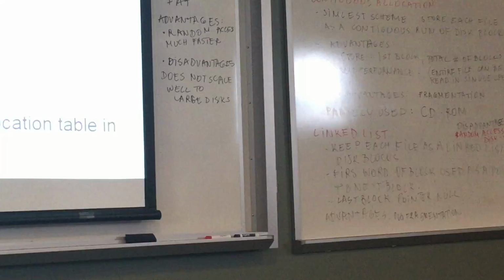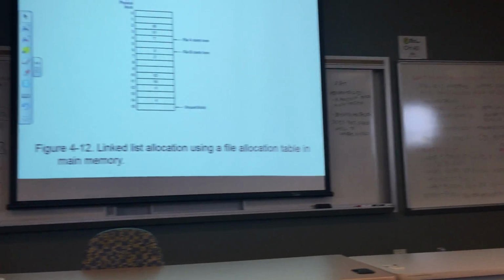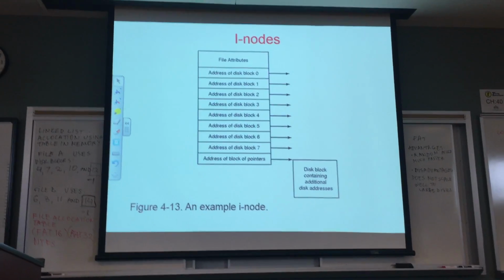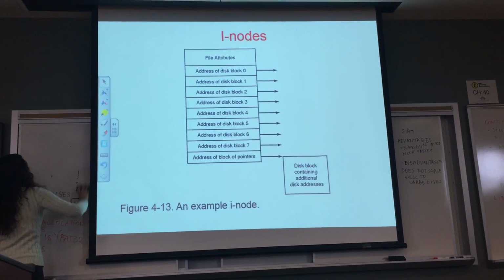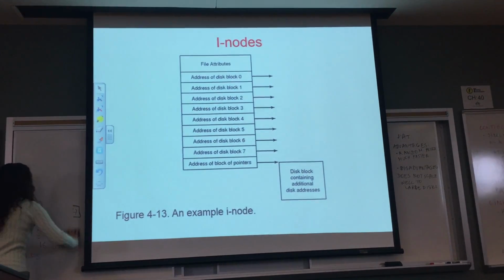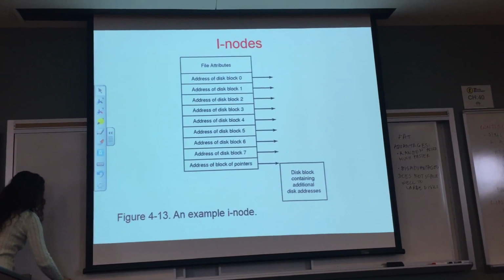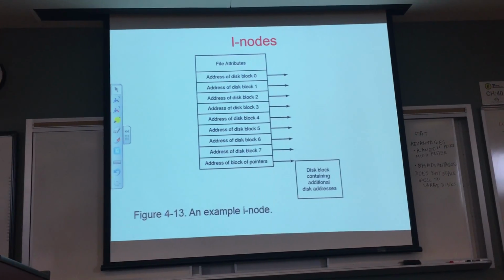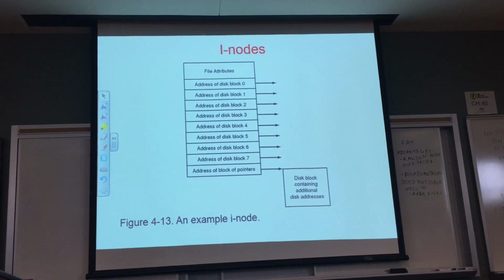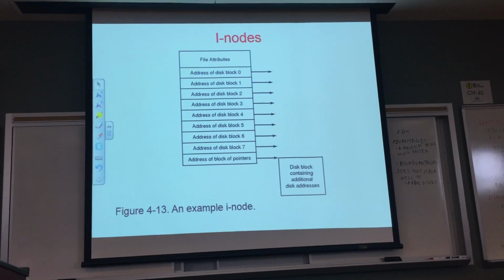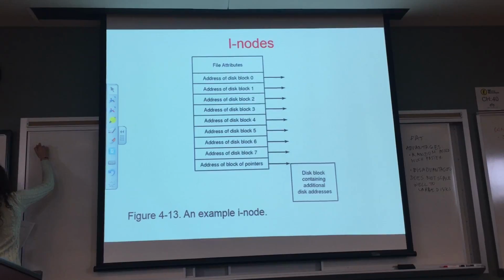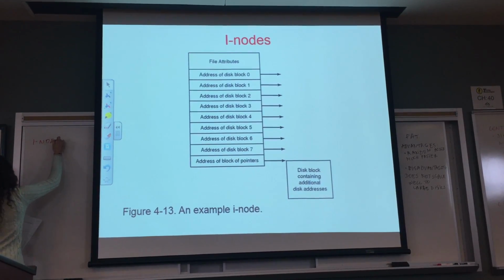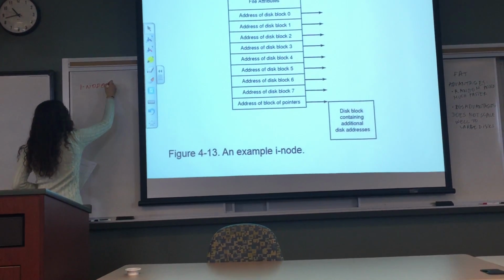Windows was using this method. Unix was using a different method called inodes, which is short for index node.